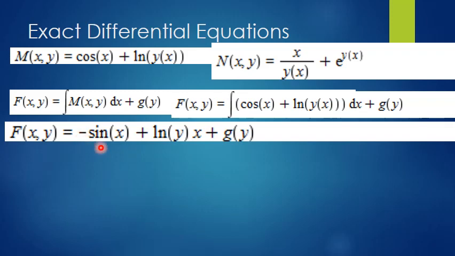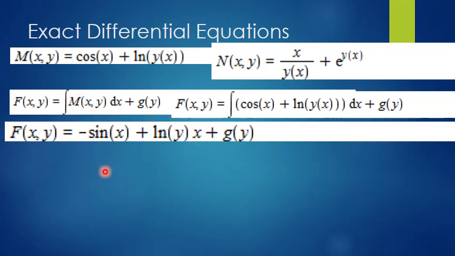I have the integral of cosine of x here, and this is the integral of log of y dx, because this is a constant, and I'm going to get an x out. And then I have this integration constant that I want to be a function of y to handle any changes in y that could occur in this function M.